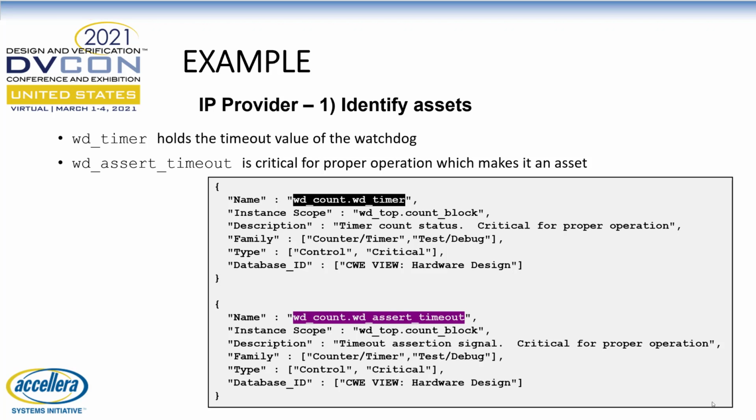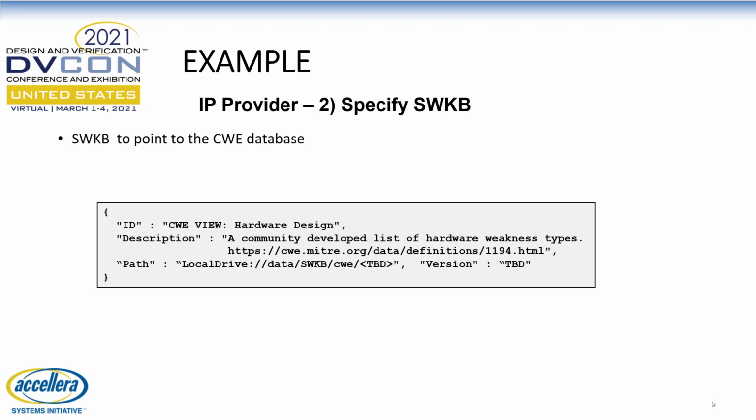They're highlighted here in black and purple. We'll keep track of the WD timer value throughout the example. The way it's described here is the current syntax to define it as an asset for this standard. So the next step is to specify a specific security weakness knowledge base for the tools.